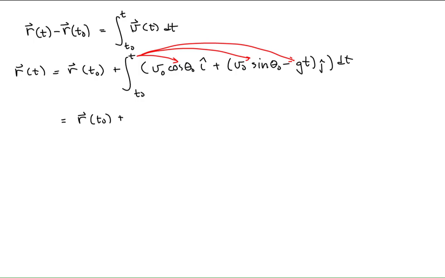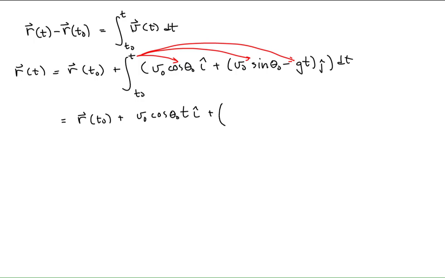When we integrate the x component, we get v naught cosine theta naught t. This is because v naught and cosine theta naught are constants. That's for the x component.